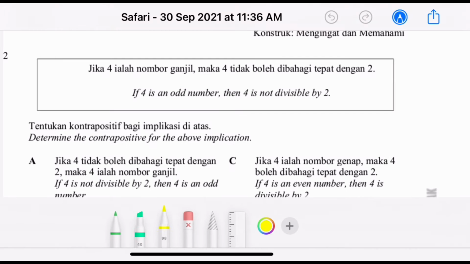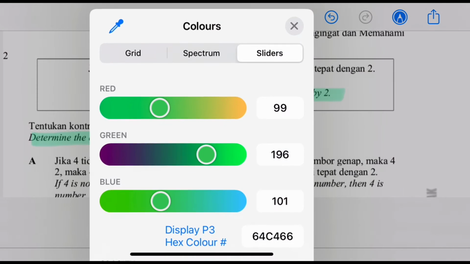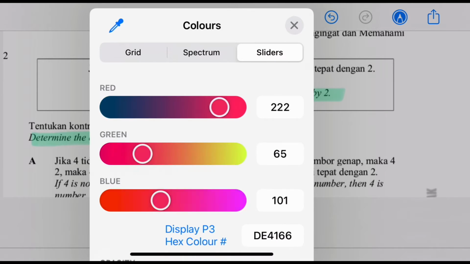Question number 2. If 4 is an odd number, then 4 is not divisible by 2. For this one, we are asked to determine the contrapositive of the above implication. Let me revise the Form 4 syllabus.